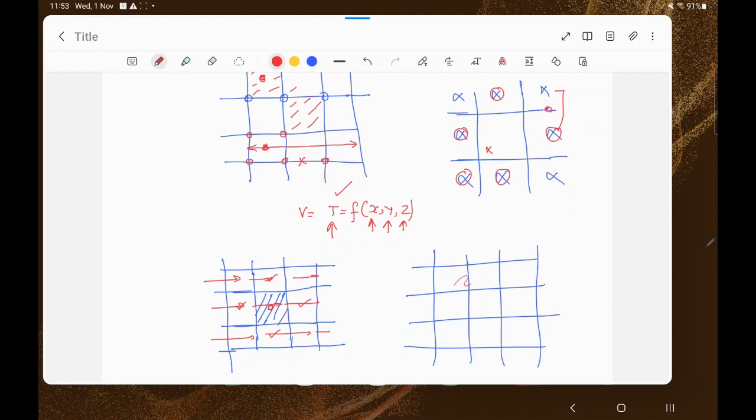In another case, you may like to go like this. This is what I am talking about. Thread: how you will move from one cell to another cell, and in what sequence you are going to solve them.